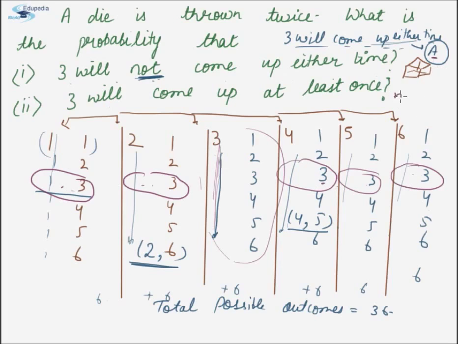So the number of outcomes favorable to A are 11. In the first case, we need to find the probability of not A, that is, 3 will not come up either time, whereas we have located the values where 3 will come up either time.